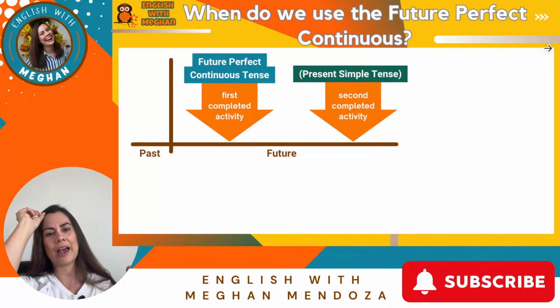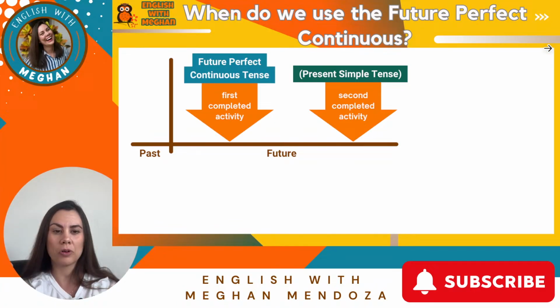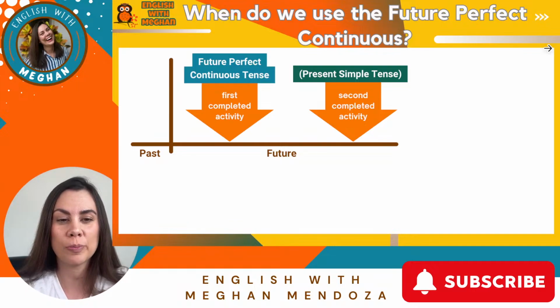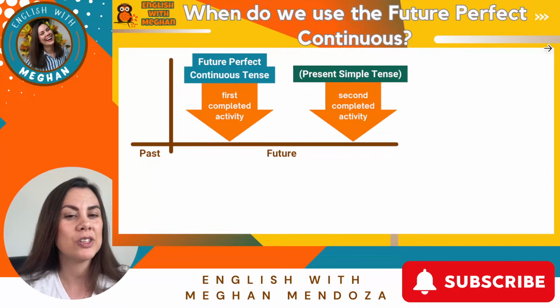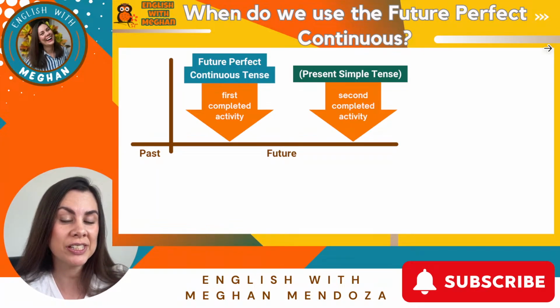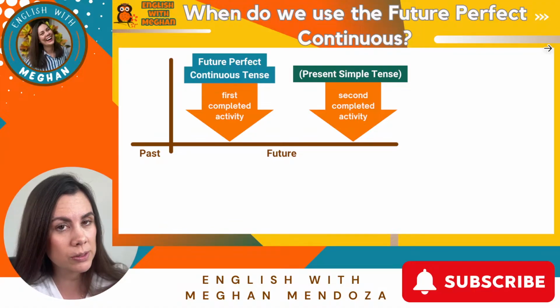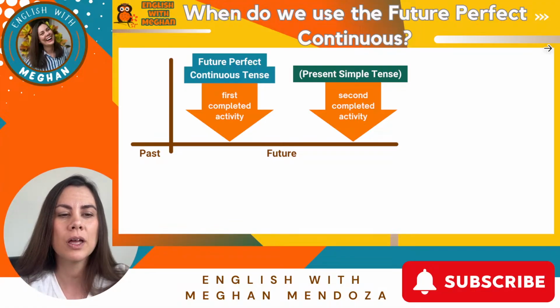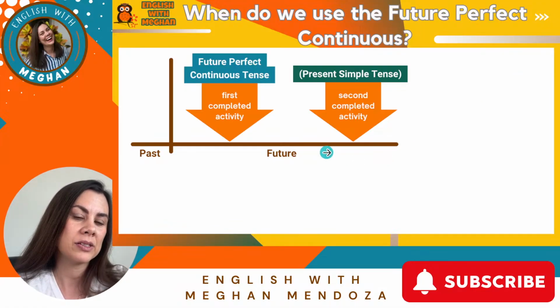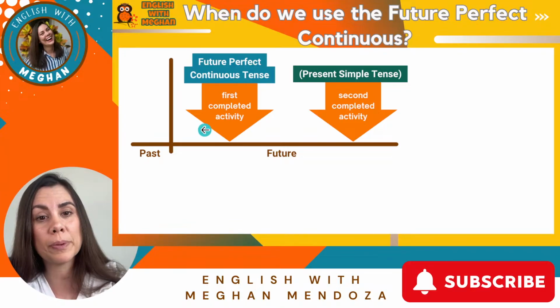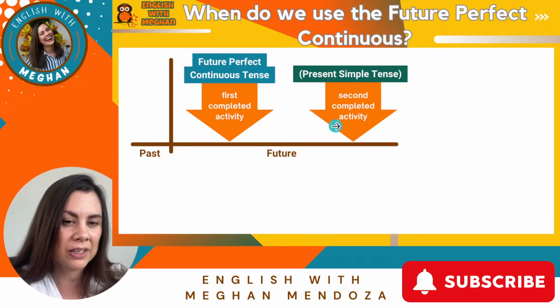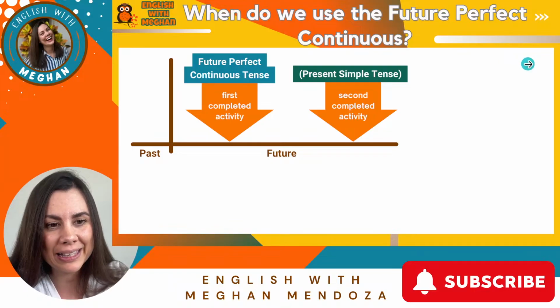So here we have our little image to help you understand, right? It's when there are two actions in the future, same as the present perfect. We have the first completed activity, or activity that will be completed, and the second activity that will be completed.